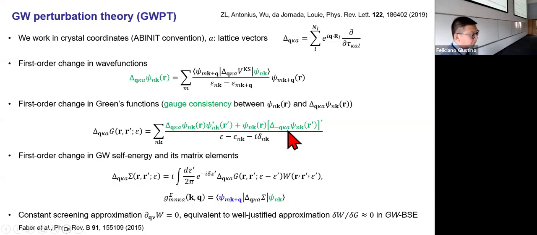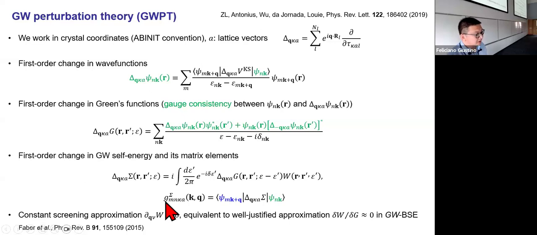So here, if you are a little more careful, you may notice that we have dropped a term, because if sigma equals i times GW, then d sigma should be dG times W plus G times dW. And indeed, we have taken a constant screening approximation where we assume the change in the screening dielectric environment induced by phonon perturbations is relatively small.